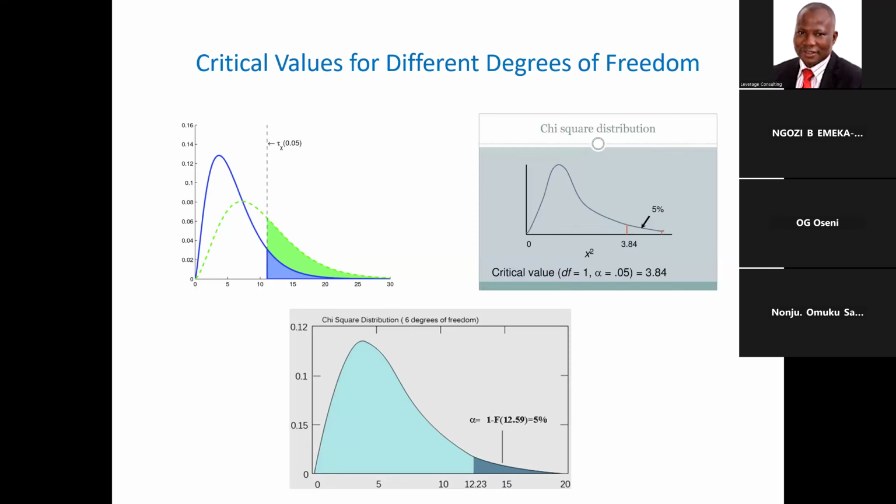This one below is for degree of freedom 6. Moving horizontally to the right, the value of chi-square at the point where you have 95% of the area and 5% of the area is 12.23. That is the critical value of chi-square for degree of freedom 6.